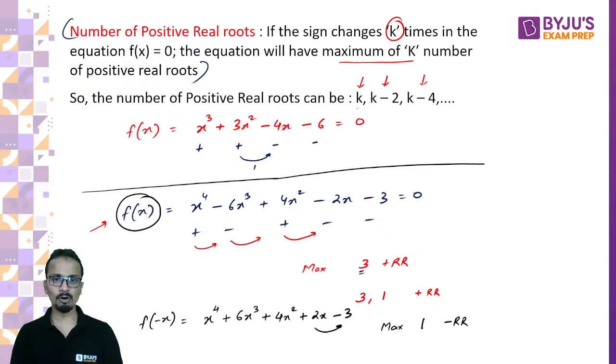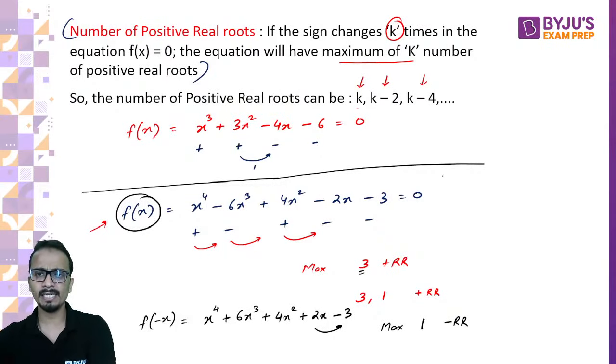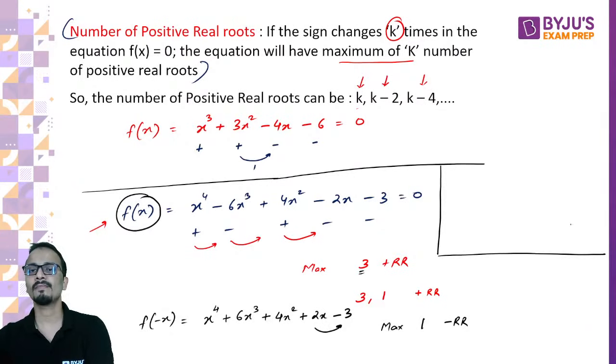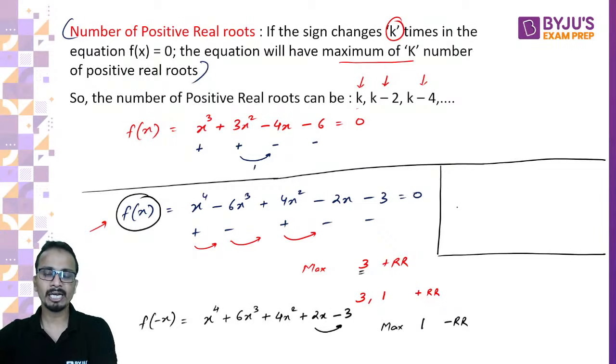Now let us understand one more thing. Let's make a table for this and write down whatever we have done. I'll make different columns: first for complex roots, then for positive real roots, and for negative real roots. The number of negative real roots will always be 1.